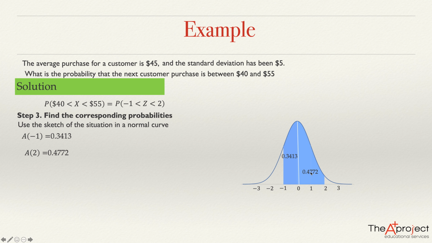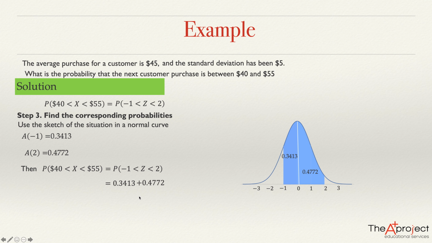So the probability that the variable x be between 40 and 55, which is the same as the variable z being between -1 and 2, will be the first area, 0.3413, plus the second area, 0.4772.